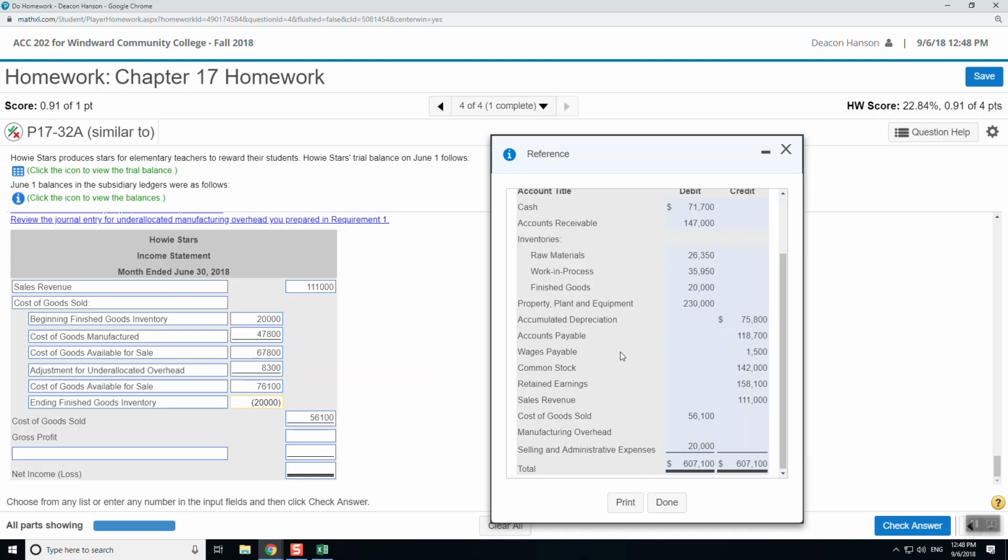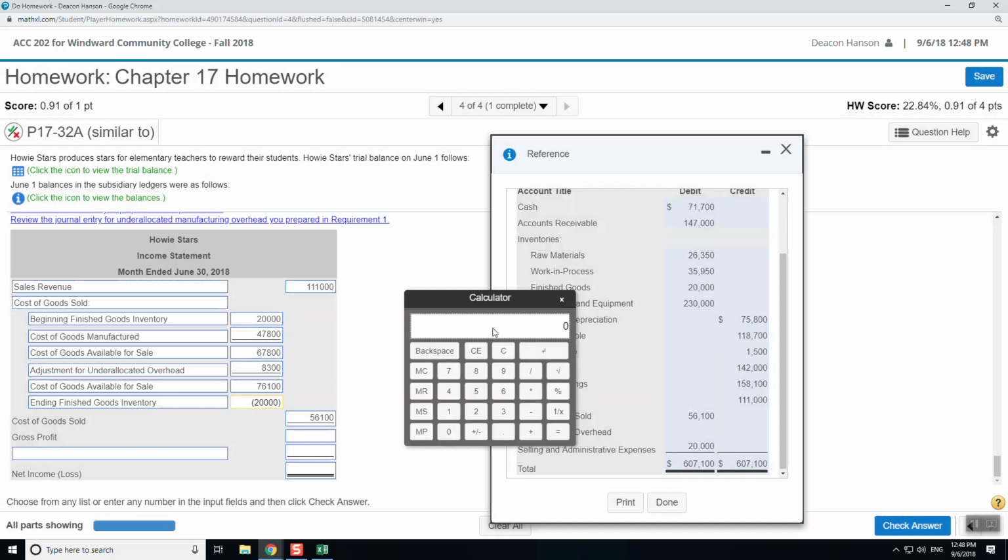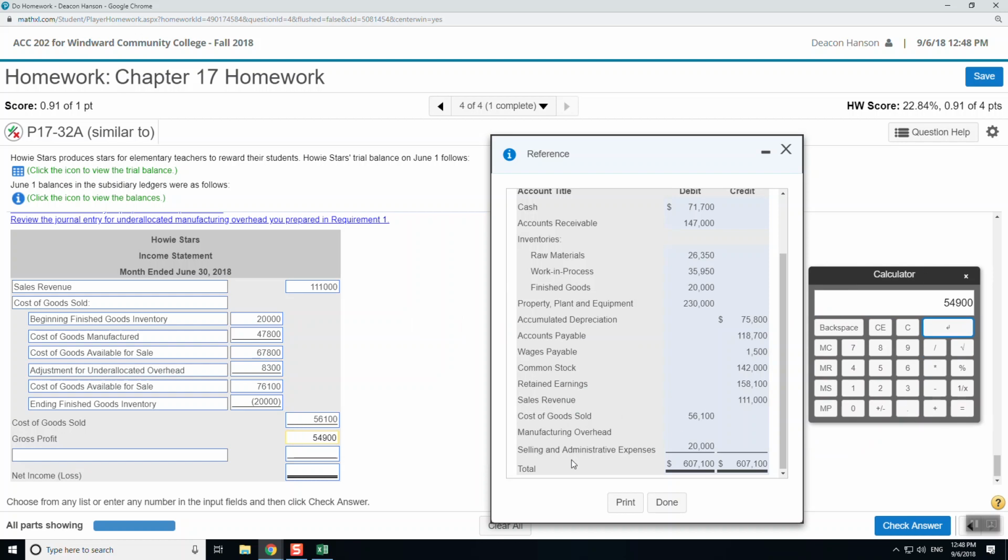Right. And then we would take the revenue of 111 and minus the cost of goods sold to get my gross profit. Okay. And then we have some other expenses, I think one other, selling and administrative expenses, 20,000.